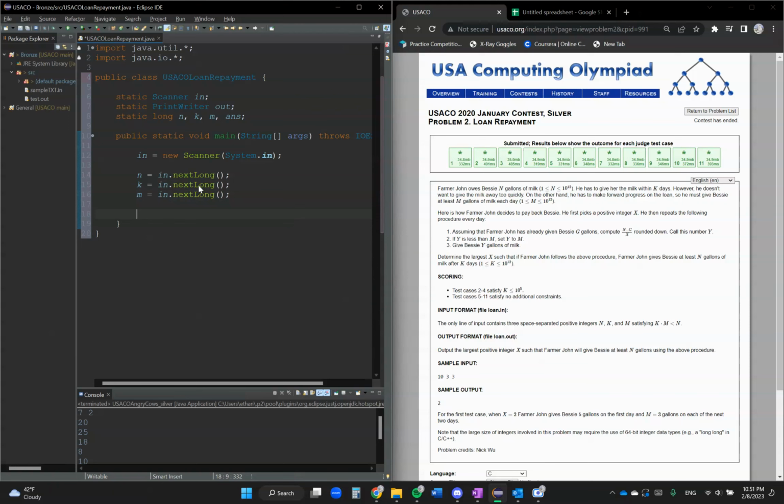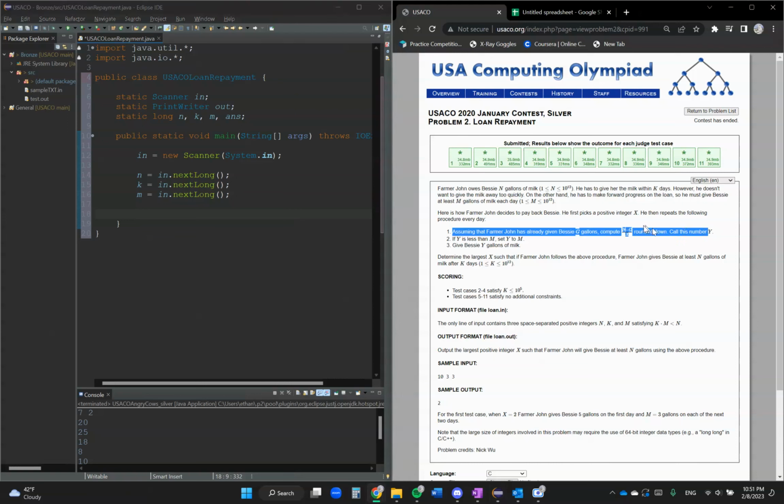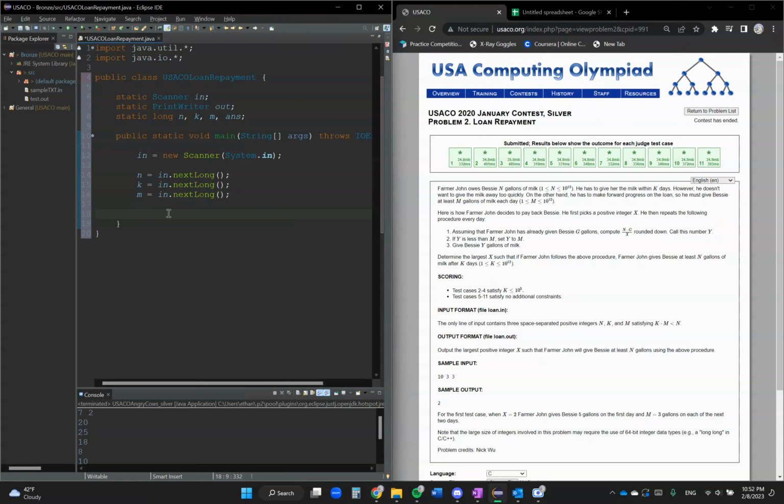And what the binary search does is there's going to be a certain range that the value of x can occupy. And this is going to be up to the value of n, because technically Farmer John is able to set the value of x as n and start giving the value of y as 1 automatically.